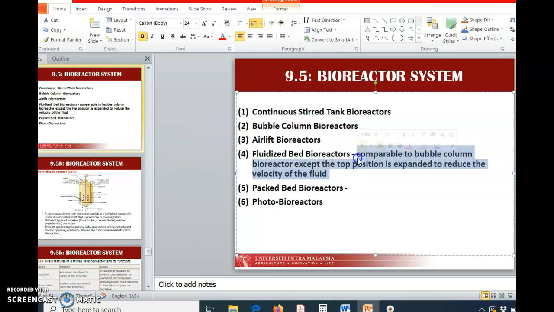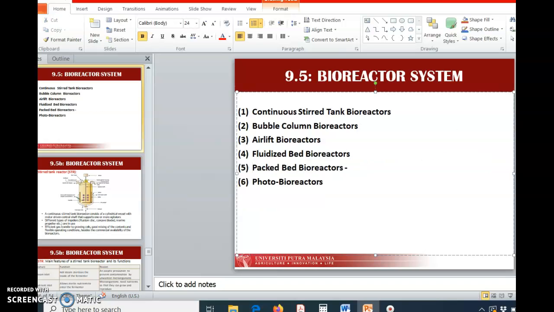So basically there are six different types of bioreactors. The first one is the continuous stirred tank bioreactor, the one that we saw in the biotechnology faculty that we visited. The second one is the bubble column bioreactor, where they use bubbles to mix the content. The third one is the airlift bioreactor, where they use air to mix the content.